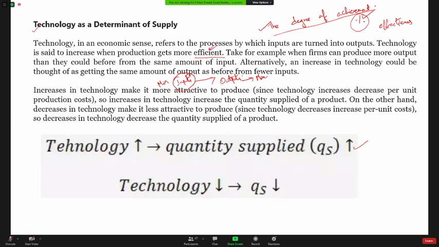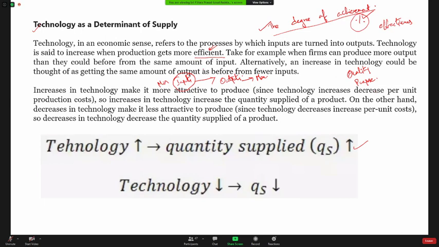Okay, so a production method may be efficient. They are using minimum inputs and giving maximum outputs. But what about the quality? What about its purpose? What about the purpose of that particular product? You buy a mobile phone so that your purpose of calling, receiving calls, and browsing internet is fulfilled.